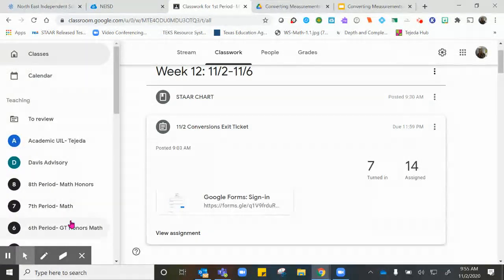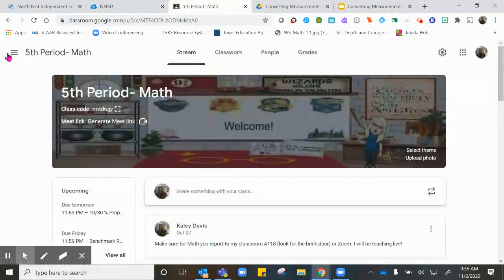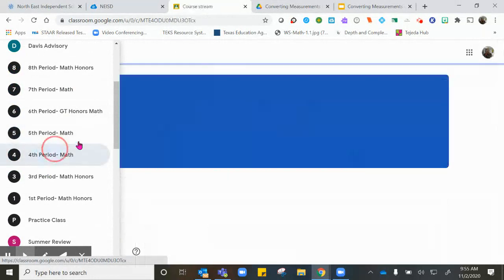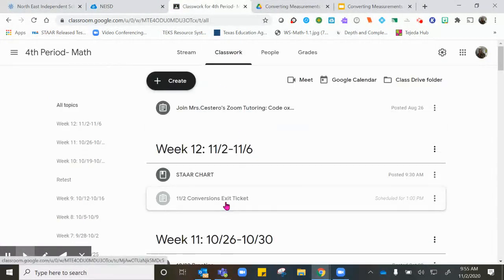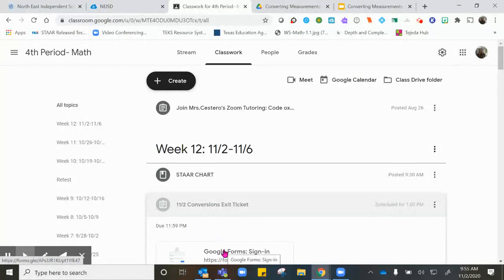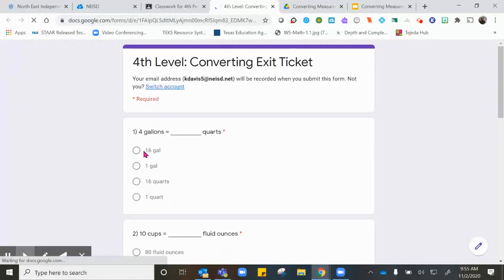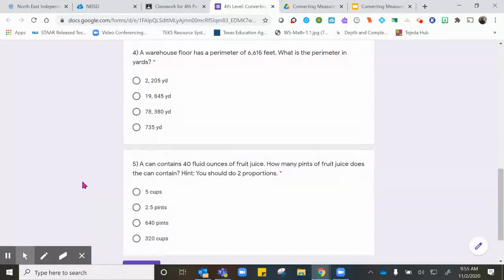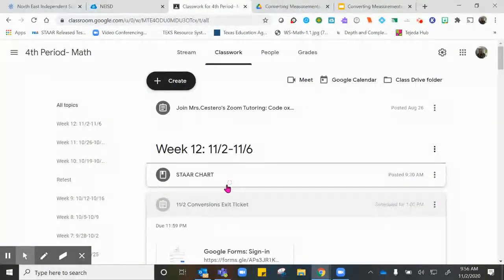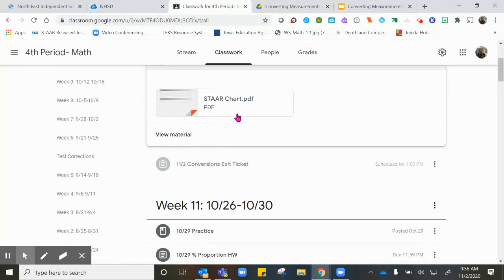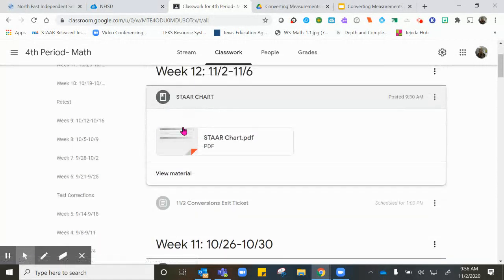Sorry, this is for regular math. Underneath classwork, there is an exit ticket for you to complete. It is a total of 5 questions. So you're going to complete that at this time. And if you need your star chart, it is underneath week 12 as well.